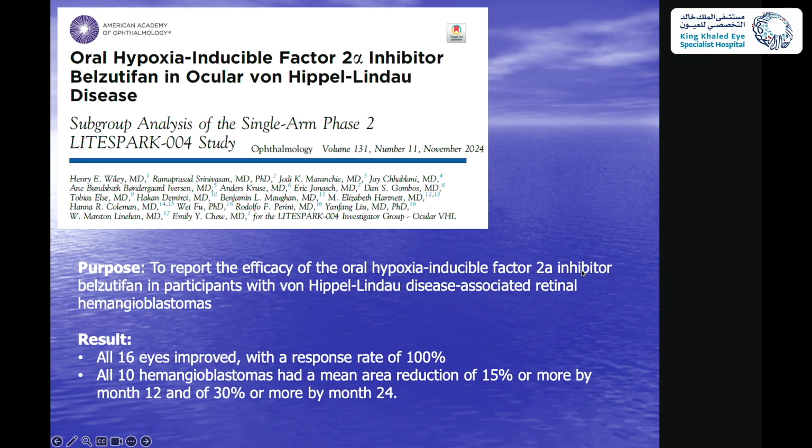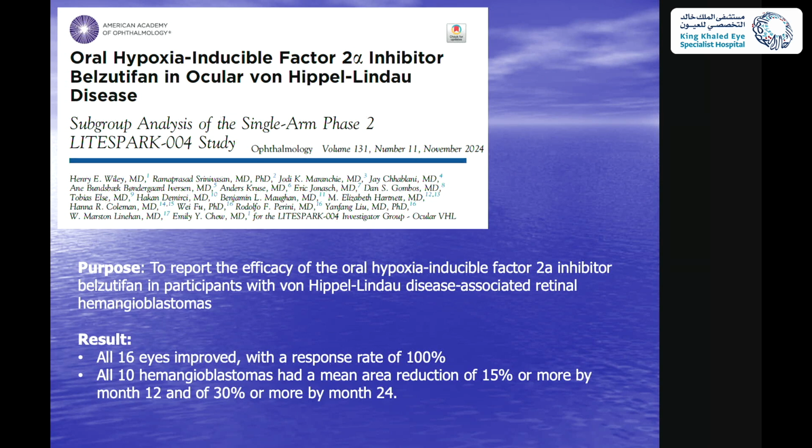And I think in 2020, there was a publication looking into the efficacy of the oral hypoxia-inducible factor 2 alpha inhibitor belzutifan in treatment of patients with von Hippel-Lindau disease associated with retinal hemangioblastoma. They found that all 16 patients who received treatment had a 100% response.